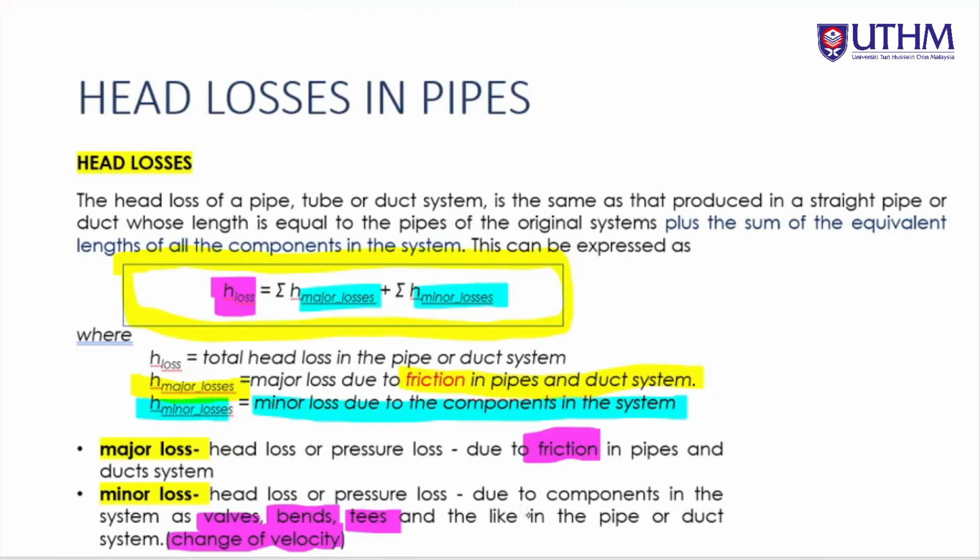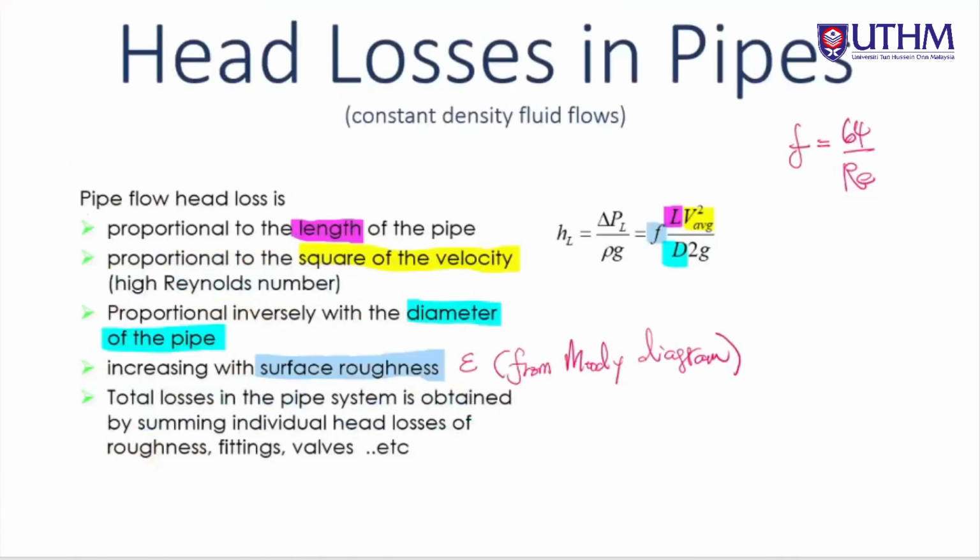Components such as valve ataupun orientation of the pipe itself, the bend ke, tee ke, and also when orientation dia berbeza, dia akan ada change in velocity as well. Okay, so bezakan which one is major, which one is minor losses.